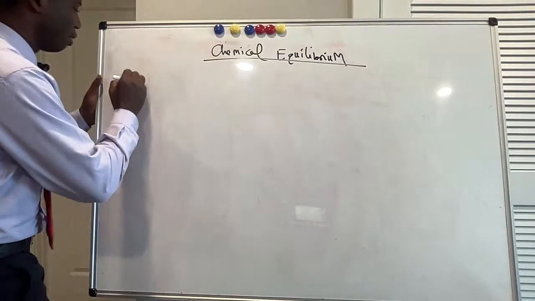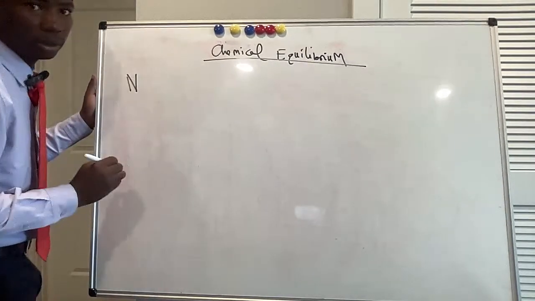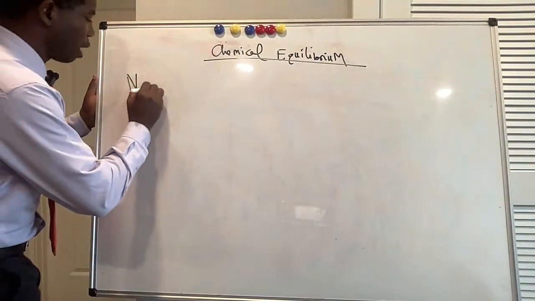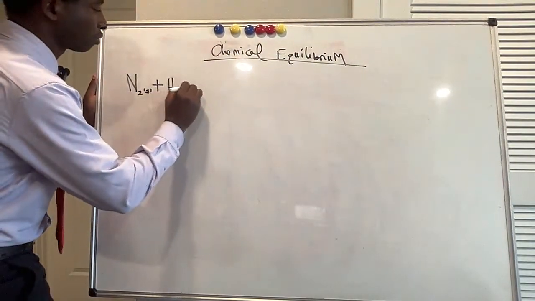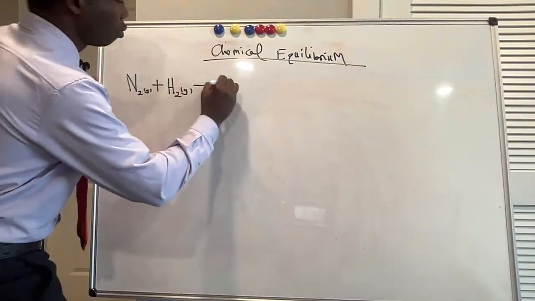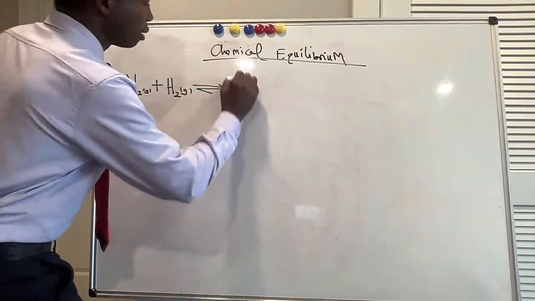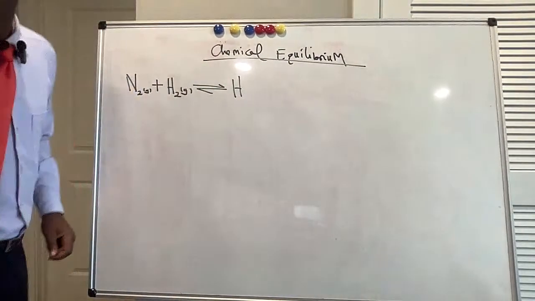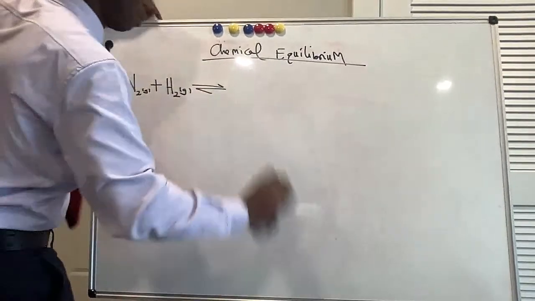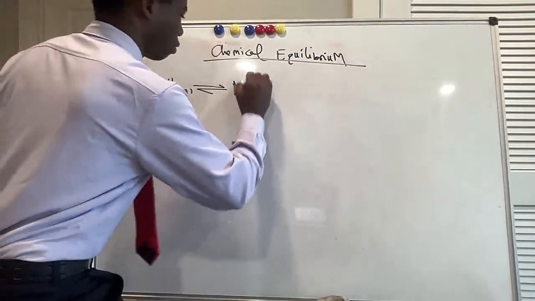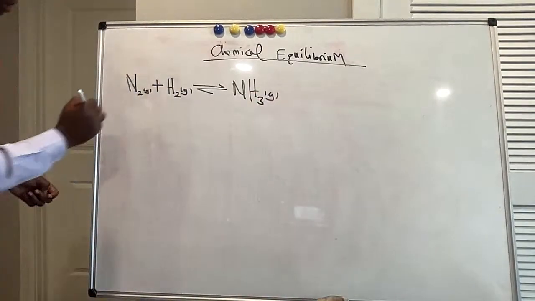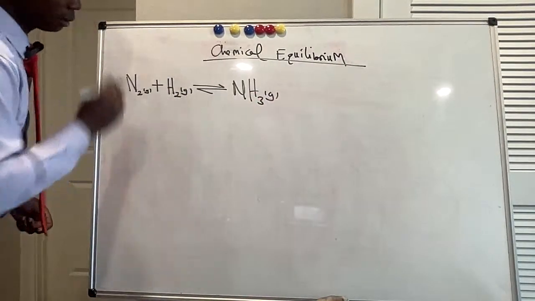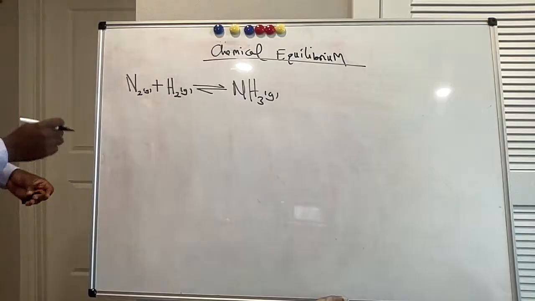If we have nitrogen, nitrogen is a gas, when nitrogen reacts with hydrogen to produce ammonia, NH3. Ammonia is a gas. Hydrogen is a gas, nitrogen is a gas.